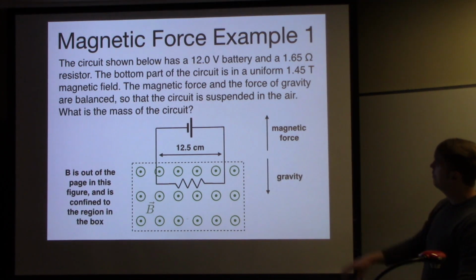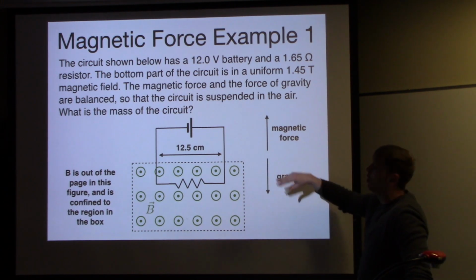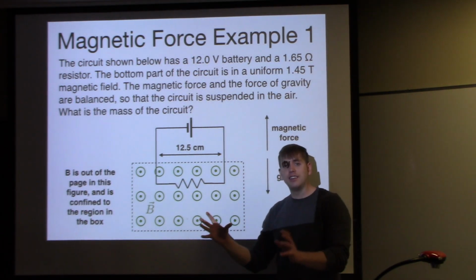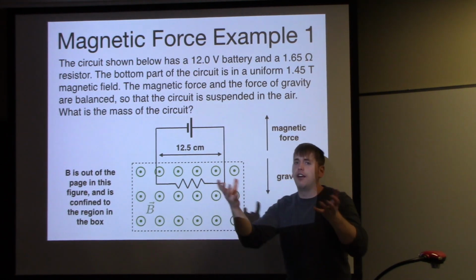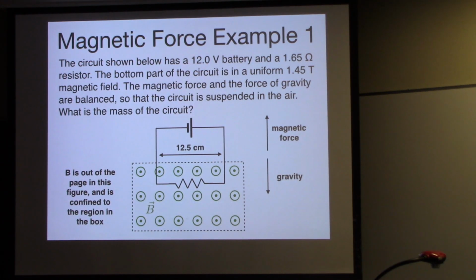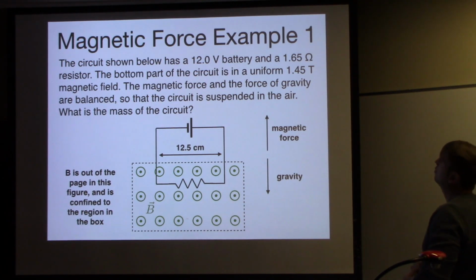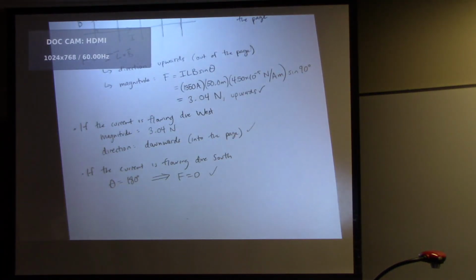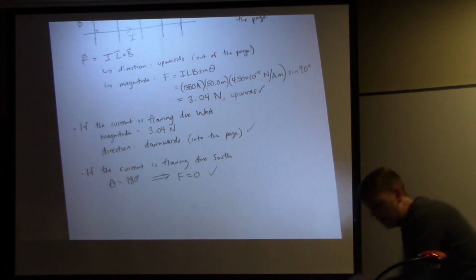And we're going to imagine that these two forces are perfectly balanced out so that our circuit is levitated. It's just floating there in the magnetic field, suspended in air. So based on all of this, let's figure out the mass of the circuit. And here's how that goes.